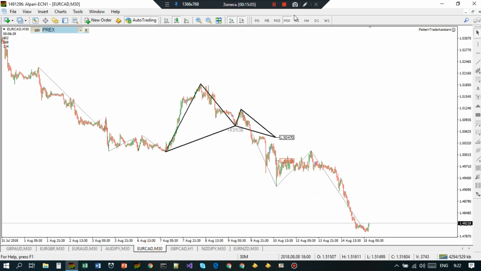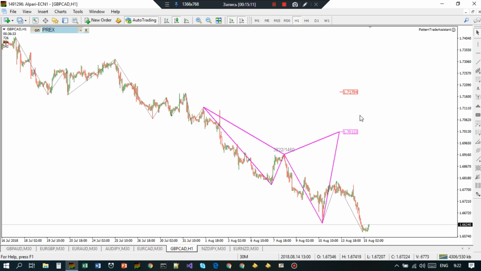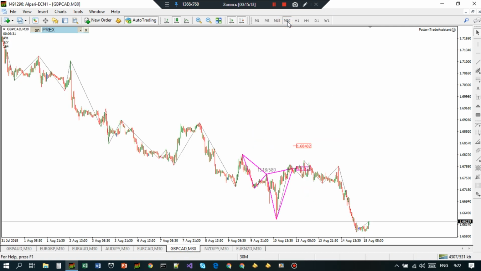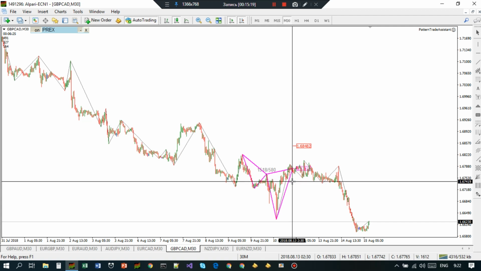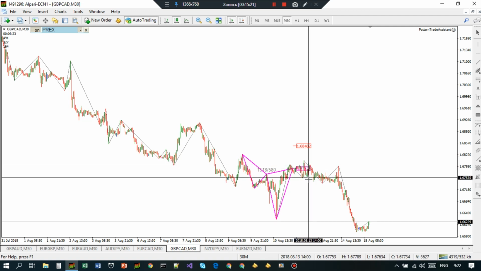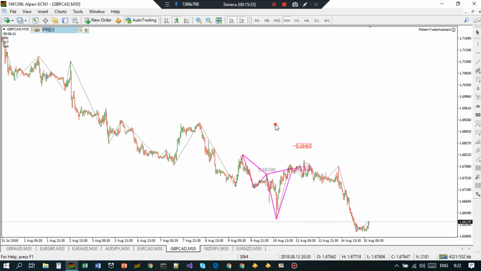Okay, Euro Canadian 1 hour, 30 minute, nothing. GBP Canadian, the cipher is invalidated, 30 minute. Okay, what was that? It was Monday trade. Oh yeah, I remember that Monday trade. We had some profits on this one as well. Then let's go next.